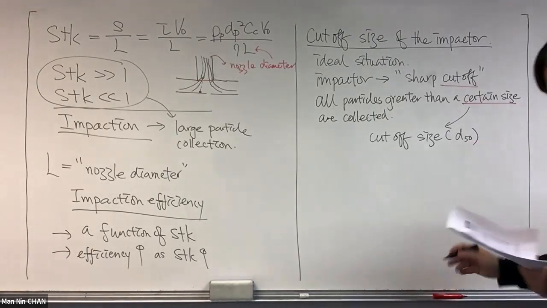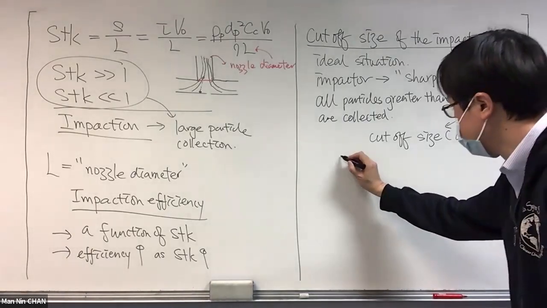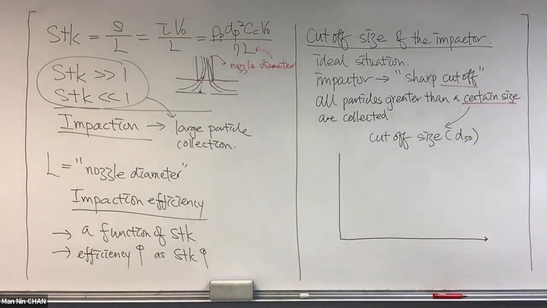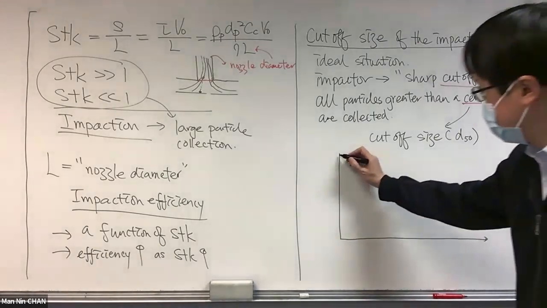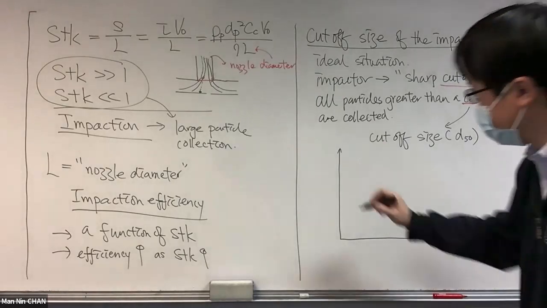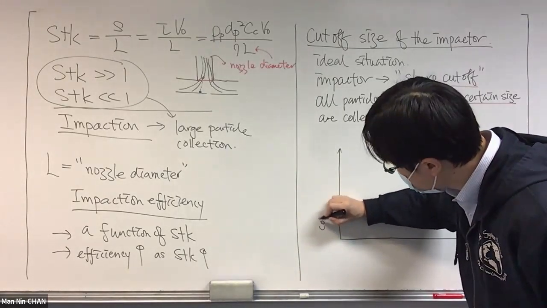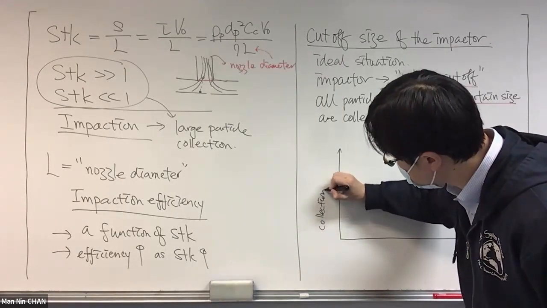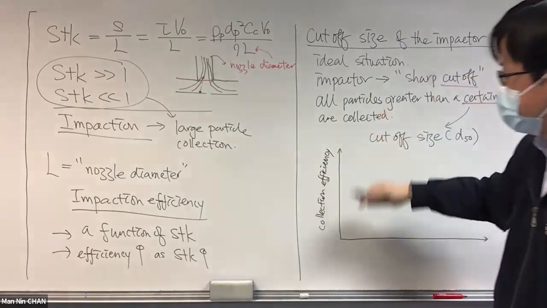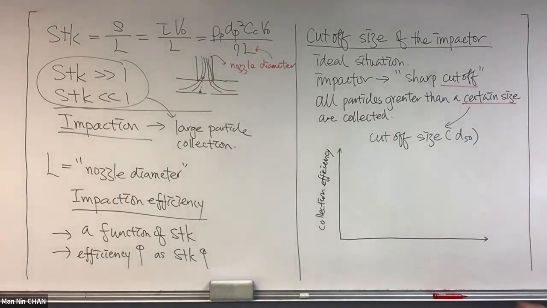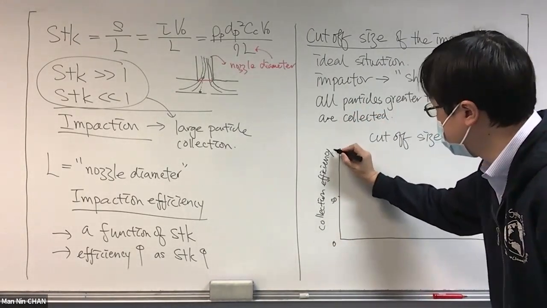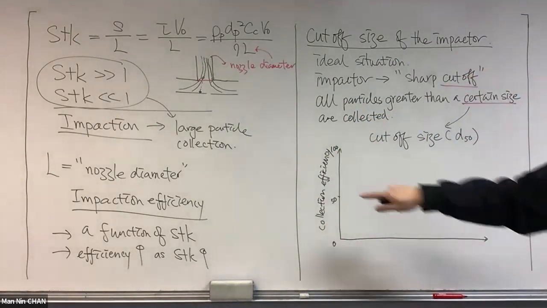So what does that mean? Let me draw a figure for you. The y-axis here is the collection efficiency, and you can have 0, 50, and 100 percent collection efficiency.